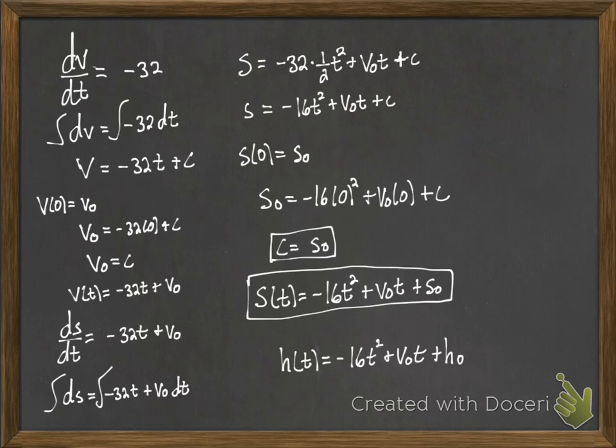But this same principle could apply to scenarios where your acceleration is not constant, where your acceleration varies. You could still talk about finding a velocity function and then finally a position function.